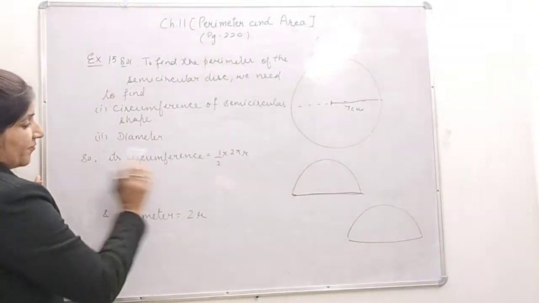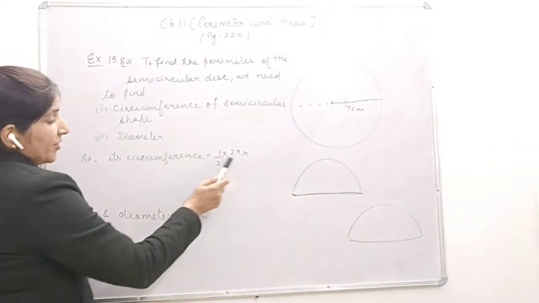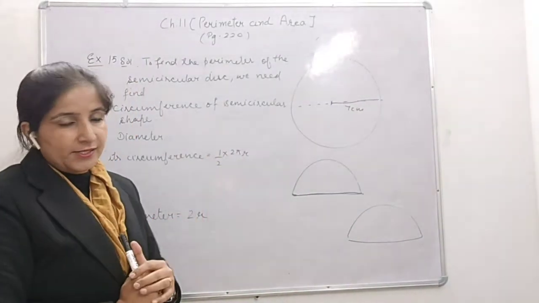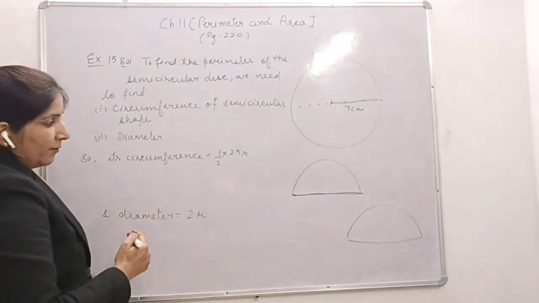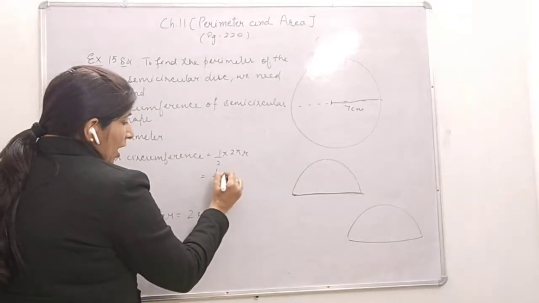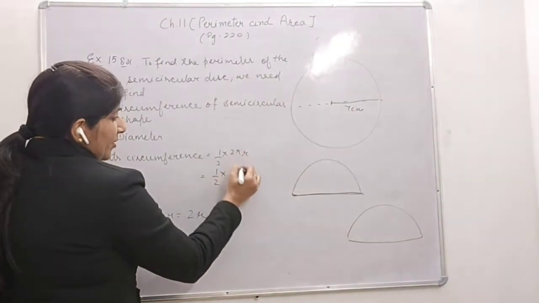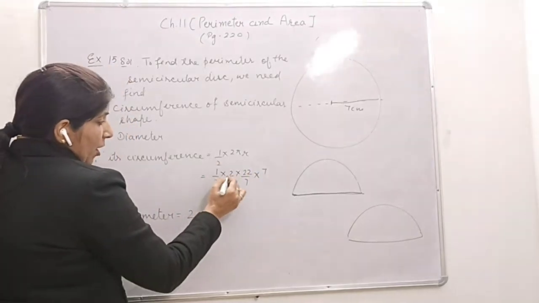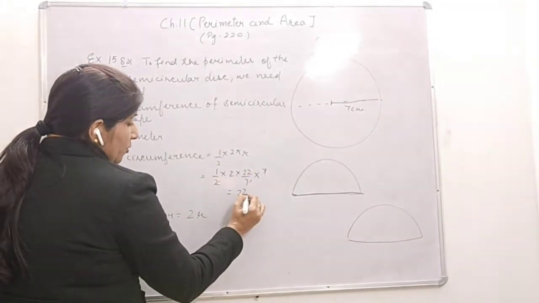So first of all, let us find the circumference. The circumference formula is 2 pi r, in case the radius is given, and here the radius is given. So half of 2 pi r. Now if we want to find it, half into 2 into 22 by 7, and r is 7. If we solve, the answer is 22 centimeter.